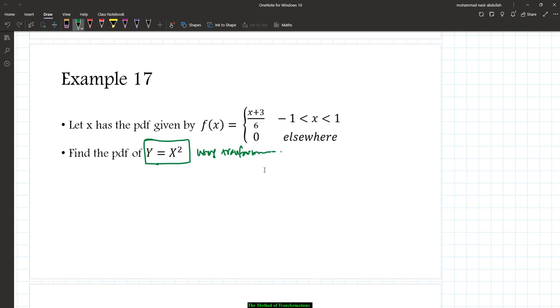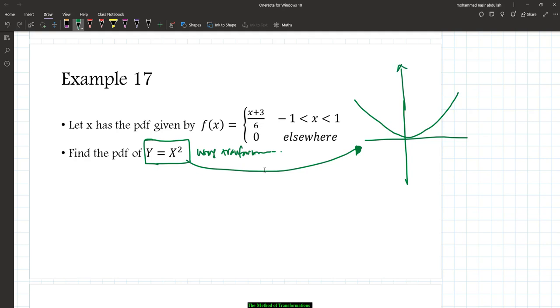First, we know that the new random variable y equal to x squared is not a one-to-one relation. If you try to draw the graph, it should look like this.